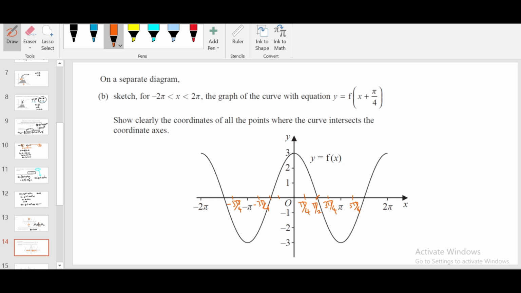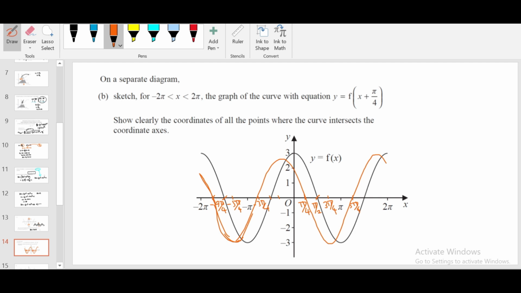So listen to me carefully what's happening now. The graph will be something like this. Here it will be minus 6 pi over 4, minus 7 pi over 4. This is the graph.